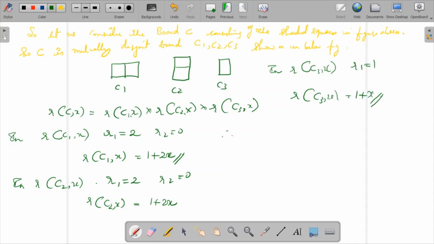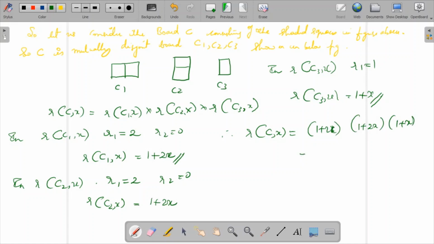Therefore R of C of x will be equal to 1 plus 2x, into 1 plus 2x, into 1 plus x.